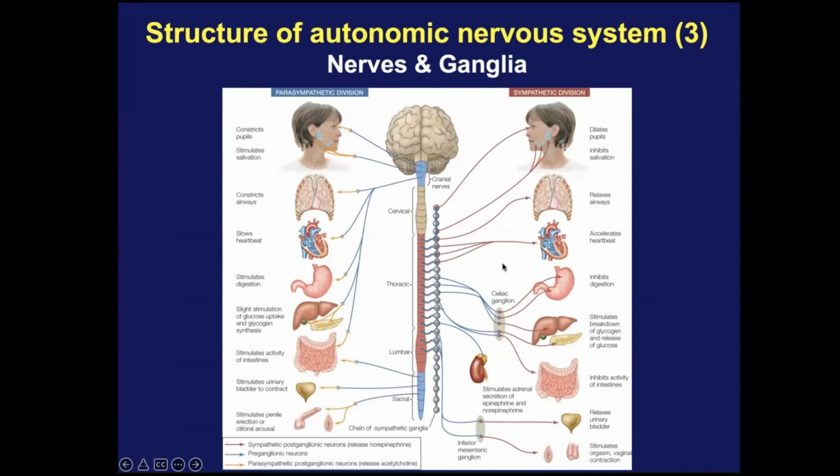Again, let's look at this picture in the sympathetic system. These are the ganglia, where the first neuron and the second neuron connect by the synapse. And here are the ganglia in the parasympathetic system, where the first and second neuron connect.